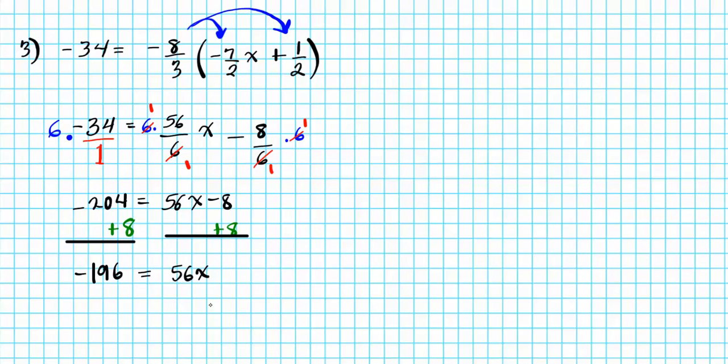Okay, and then now we can proceed to get x isolated by dividing both sides by the coefficient of x, which is 56. So our result, x is going to be negative 196 divided by 56.